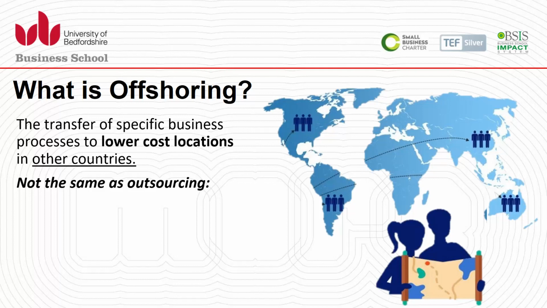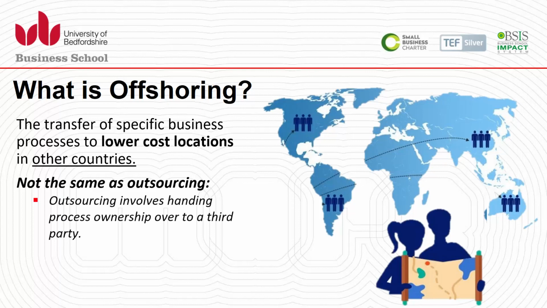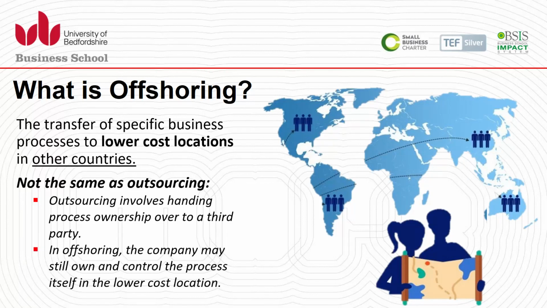However, companies can own all the assets and operations, but they extend or expand themselves to provide their presence in another country. So outsourcing involves handing process ownership over to a third party. In offshoring, the company may still own and control the process itself in the lower cost location anywhere in the world.